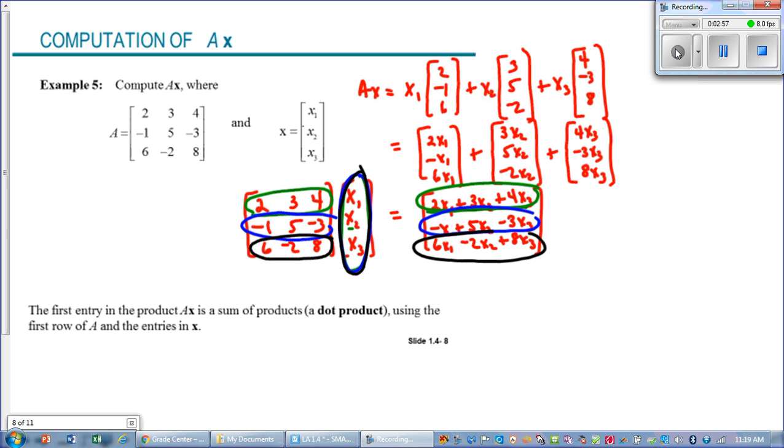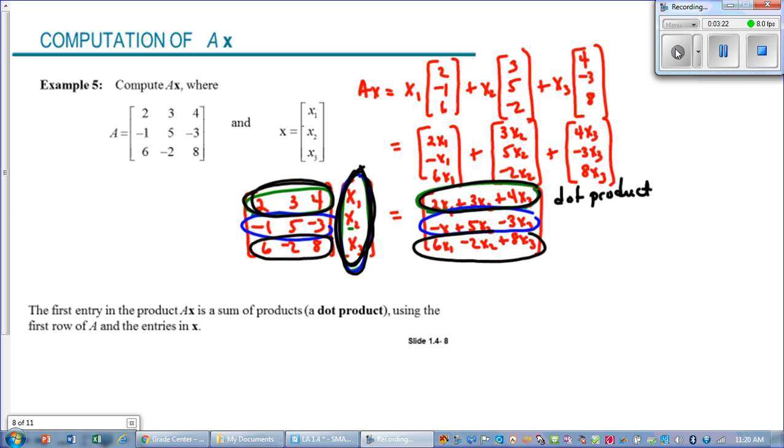Now when you take entries in one row like that, you can think of that as a row vector, and multiply the corresponding entries. I'm going to focus on this first row here. This is called a dot product. You multiply the corresponding entries and then add them together.